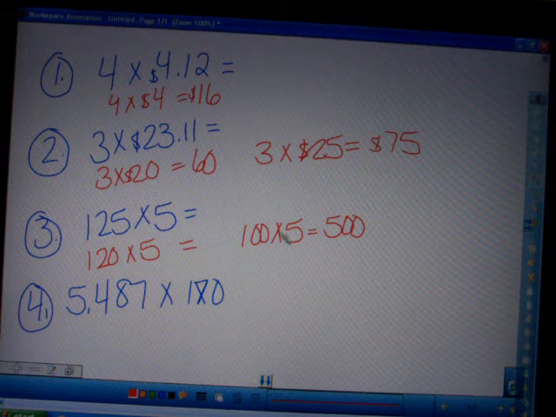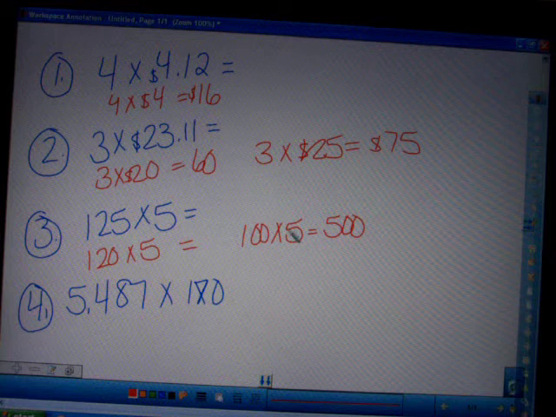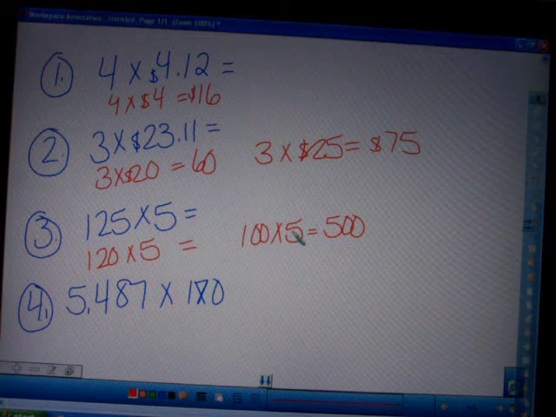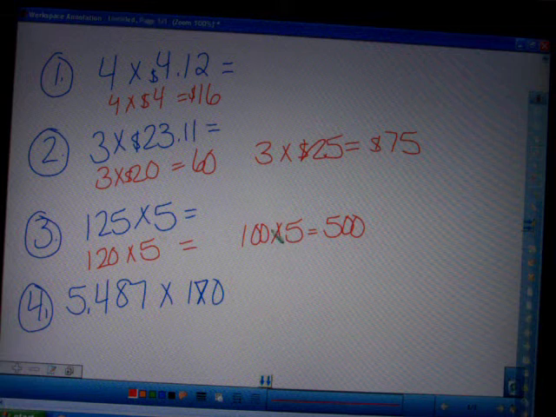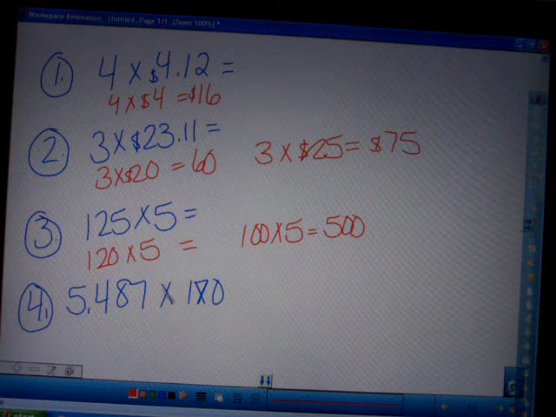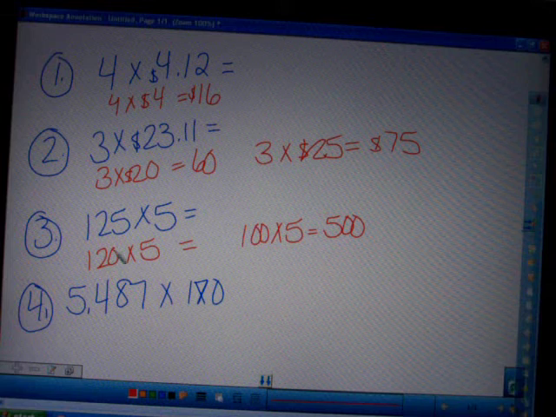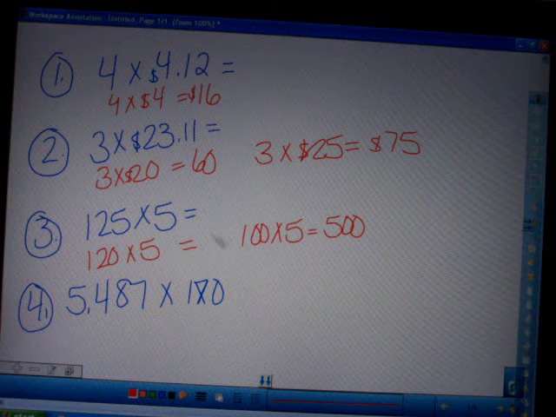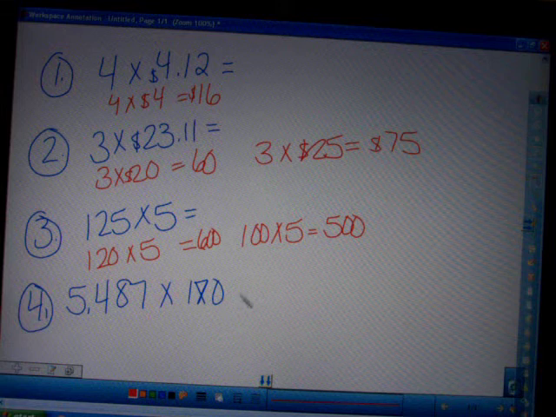But the great thing with estimating is there's so many different varied ways that you can go about doing it: you can go low like this, or you can try to stay as close as possible. It just works out really well here. So in fact, 120 times 5 would be actually 600. There, I was able to solve it in my head.